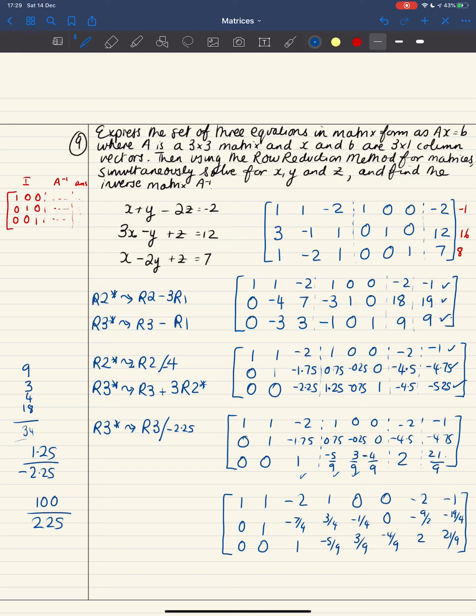Oh, it is right because that 1 is 4/4. Right, so they cancel. Yeah, that's it. Right, ready to go again. Not going to stop.